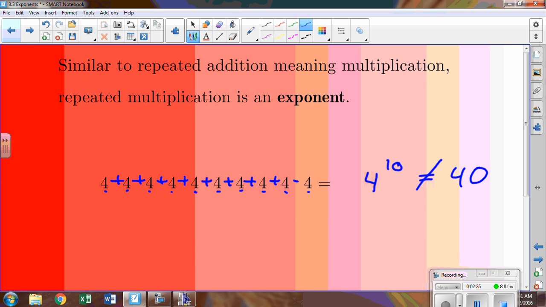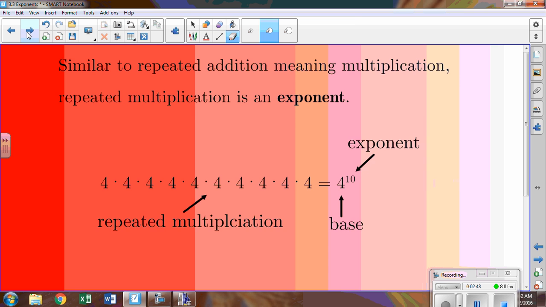Our problem was not repeated addition, it was repeated multiplication. Make sure you don't make the mistake of thinking that this is just 4 times 10, because it's a completely different problem. It won't work that way.